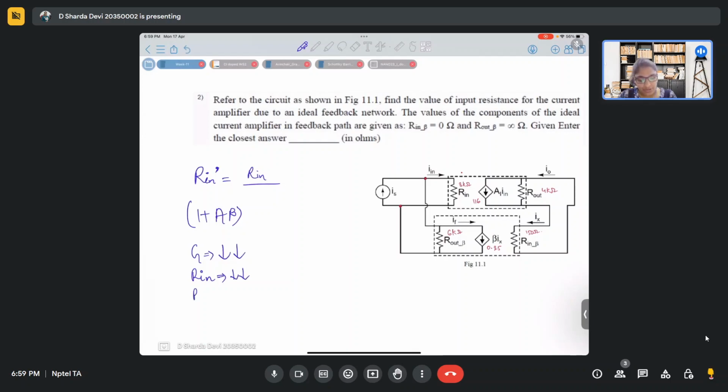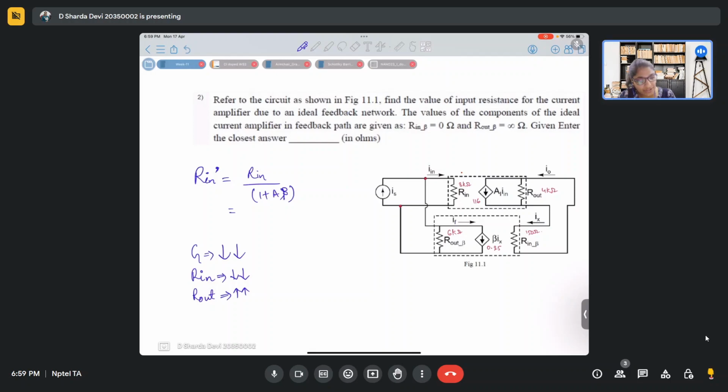And when we are talking about Rout, Rout will increase. So that is what will happen. So here Rn dash will become Rn upon 1 plus A beta. Simple. So this is what we'll get.